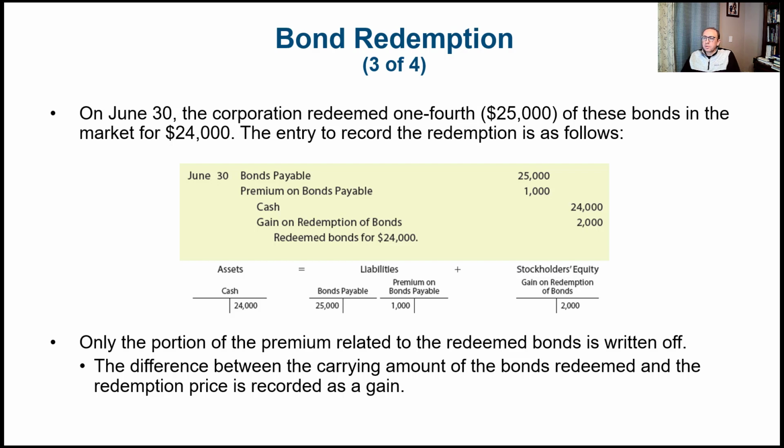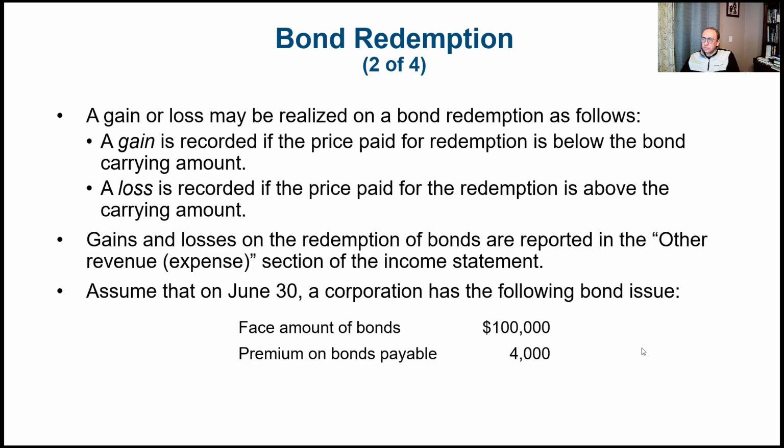So keep in mind, we paid $24,000, so that's the easy part. We're going to credit cash. So the cash is going to be credited for $24,000. And we are redeeming bonds that have a value of $25,000. And remember, if I go back here, these bonds have $4,000 premium on bonds payable. So for the $100,000, they have $4,000.